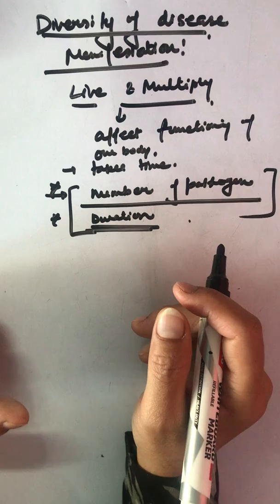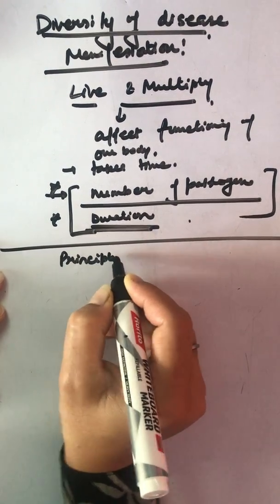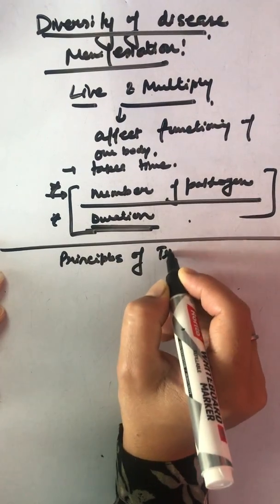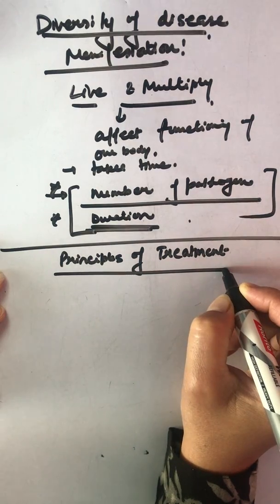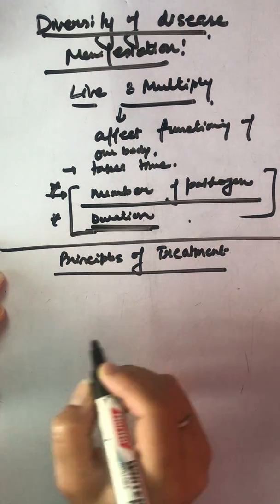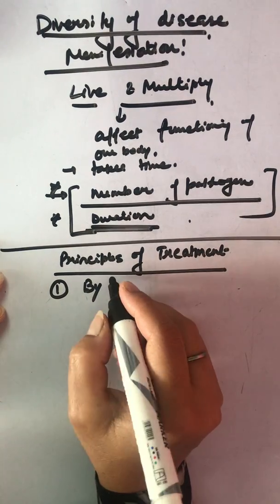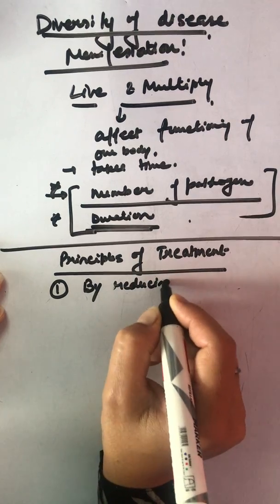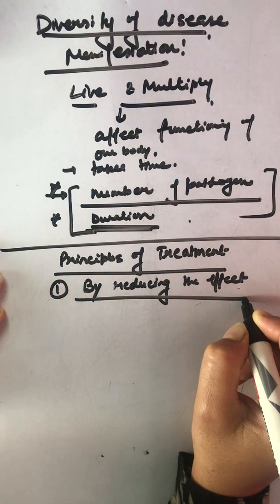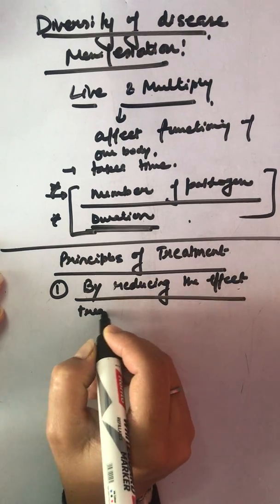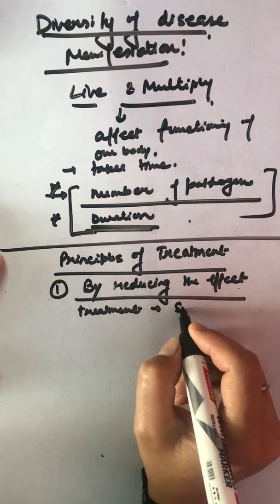Now, principles of treatment of an infectious disease. What can we do? Number one, we can help by reducing the effect of a disease. Reducing the effect of a disease means treatment is provided to stop or reduce the symptoms.